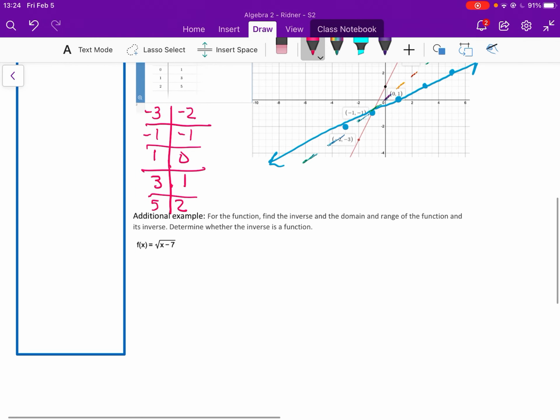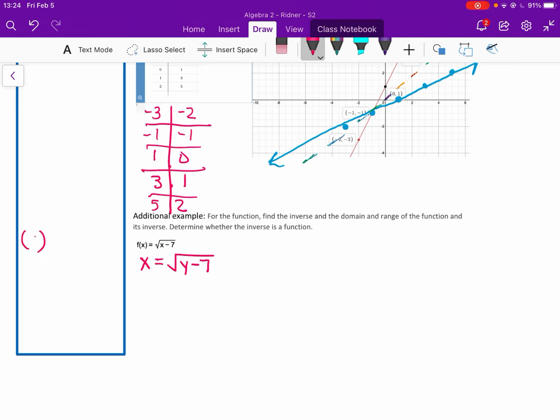All right. One additional example and we're done with notes. This is not in your workbook, so just cross out something in your workbook and put this instead. You can pause to write it down, but I'm going to keep on going. If I want to find the inverse of this, I'm going to switch x and y.